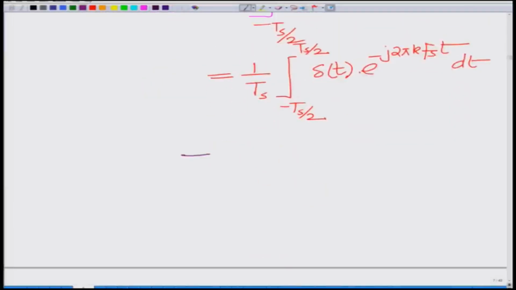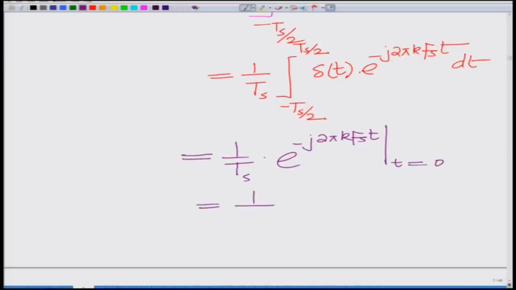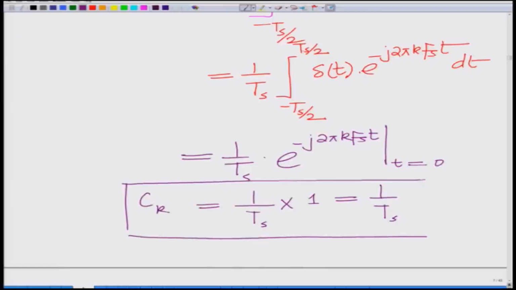Now, the integration with multiplying by delta(t) is very simple: when I multiply a function by delta(t) and integrate, that extracts the value of the function at t equal to 0. So, this is simply e to the power of minus j 2 pi k Fs t evaluated at t equal to 0, that is simply 1. So, this quantity is simply 1 over Ts into 1, that is 1 over Ts.